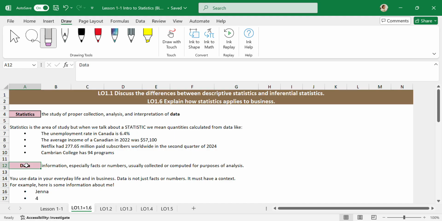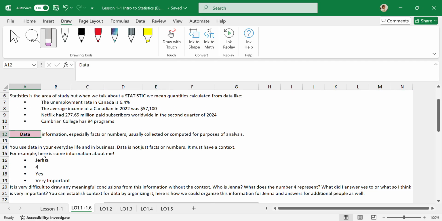So the purpose of data is that you usually want to use it to make some kind of decision. In order to actually use the data, it has to have some kind of context to help you understand it. Let me explain what I mean by that. So here's some information about me. Jenna, four, yes, very important.